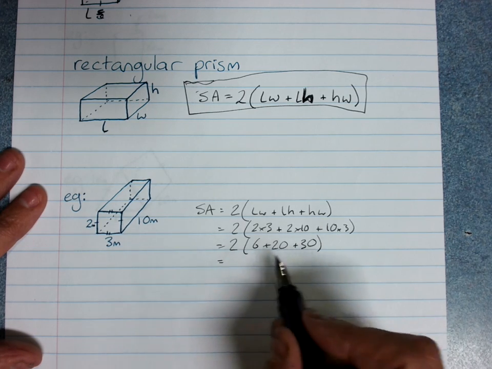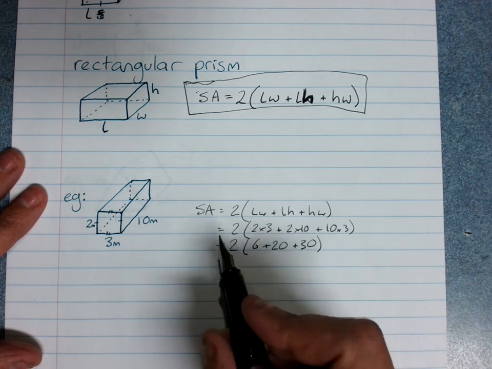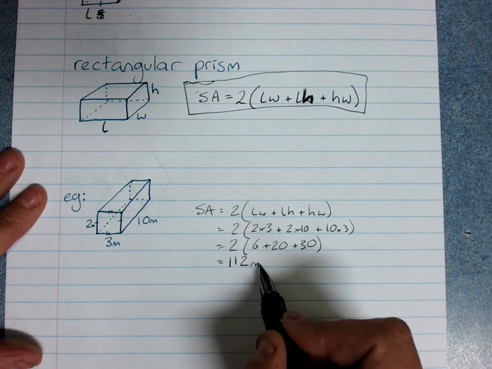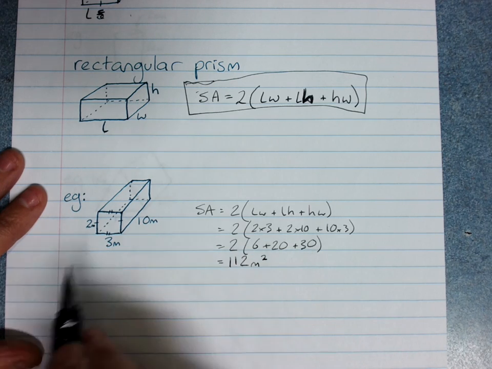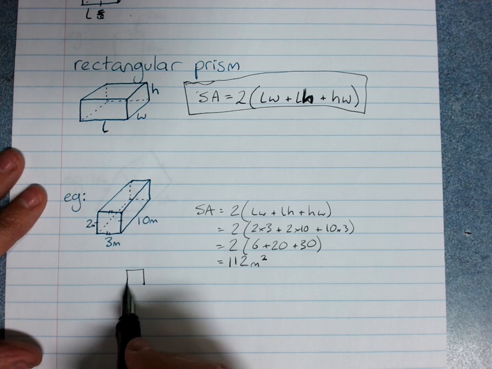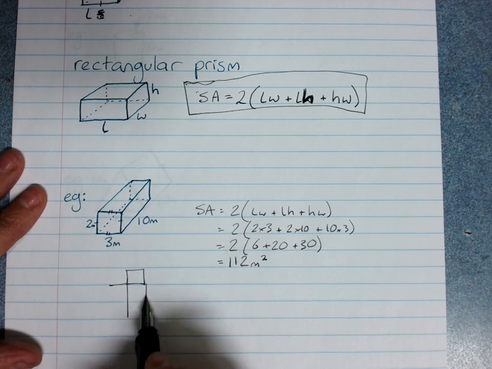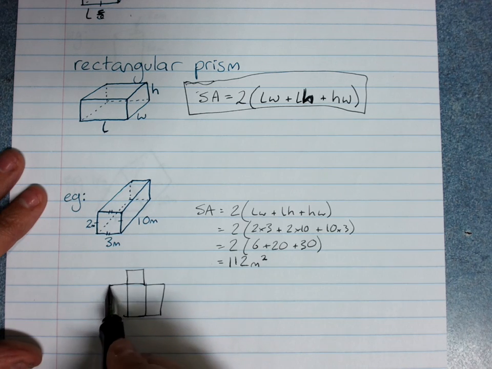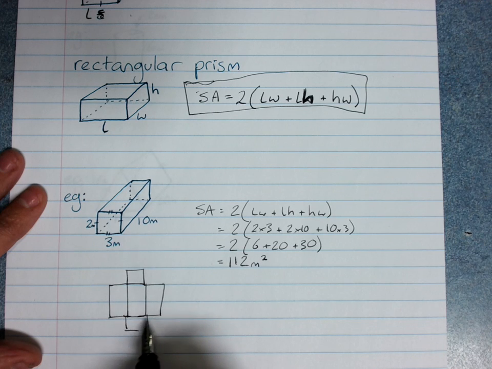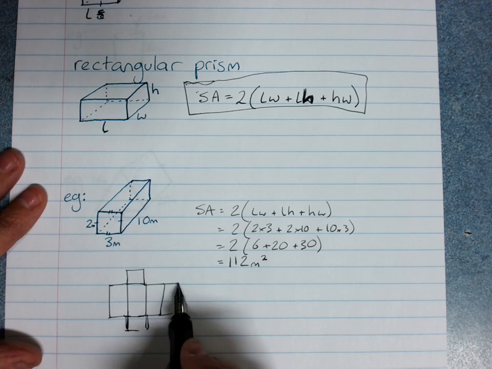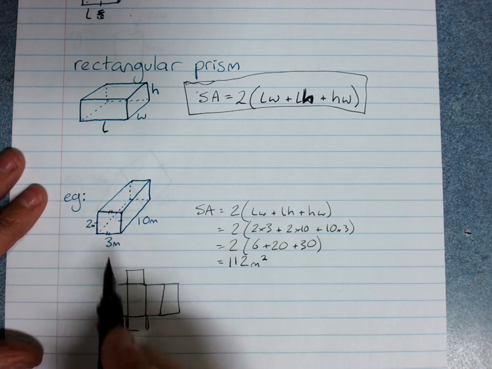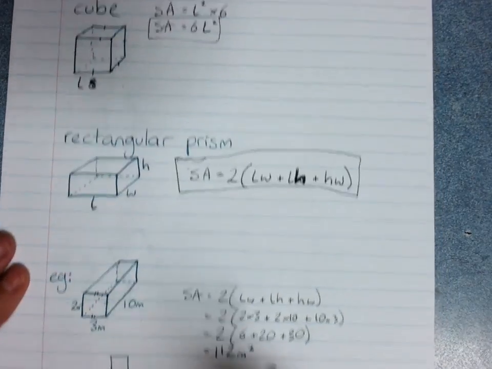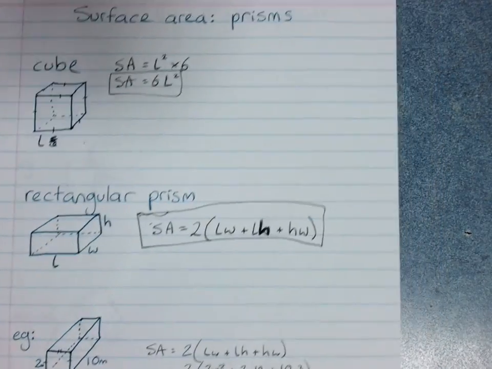So 2 times 56 is 112 meters squared, because it's just the surface area of, if we folded that all out, what would be the area of that shape. So those 2 are pretty easy formulas.